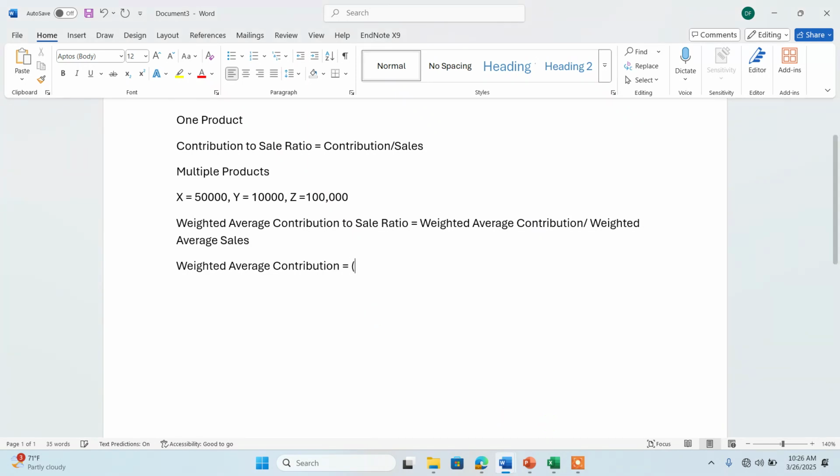Now the units of X multiplied by the contribution of X, plus the units of Y multiplied by the contribution of Y, plus the units of Z multiplied by the contribution of Z.